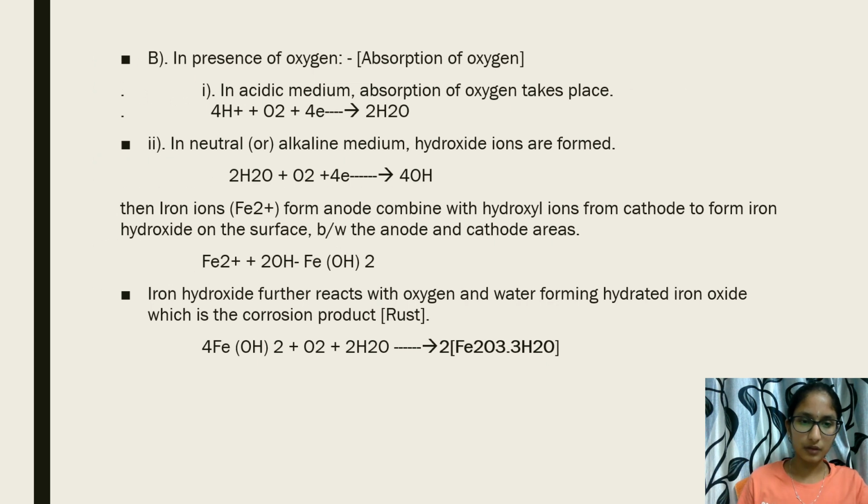In presence of oxygen, in acidic medium, absorption of oxygen takes place. In the alkaline medium, hydroxide ions are formed. Further, the iron ions combine with the hydroxyl ions to form iron hydroxide on the surface between the anode and the cathode areas. Iron hydroxide further reacts with the oxygen and water, forming the hydrated iron oxide, which is the corrosion product called rust.